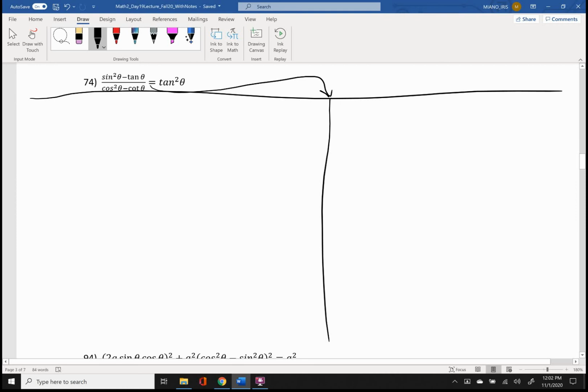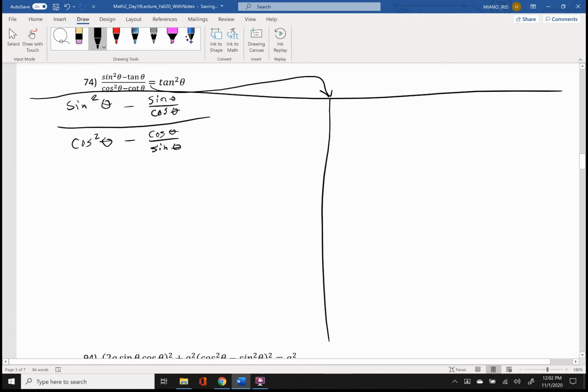That's going to be my first move. Again, we're just focusing on the left-hand side here. So that'll be sine squared theta minus sine theta over cosine theta, over cosine squared theta minus cosine theta over sine theta.